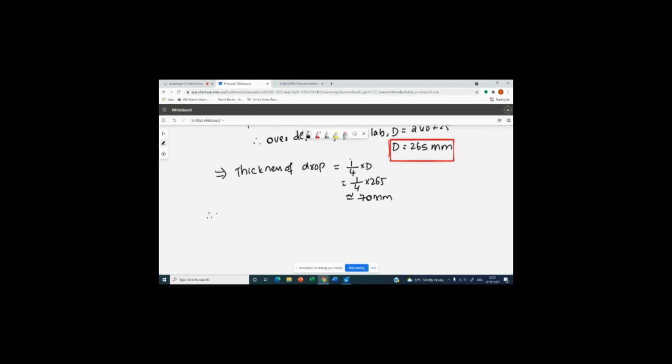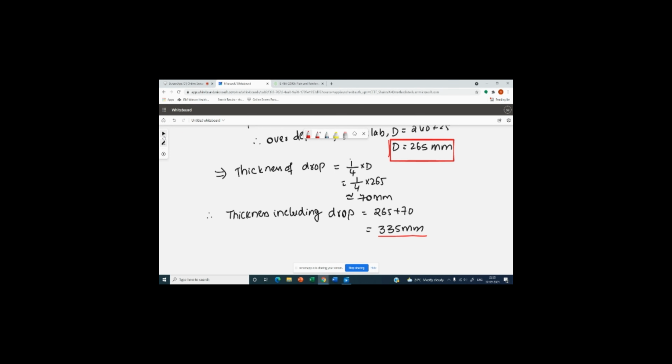So finally we get the total thickness including the drop, or I can say the thickness of the flat slab near the support, because near the support you will get the drop. So total was 265 plus 70, which is 335 mm, as I was showing you in the figure.